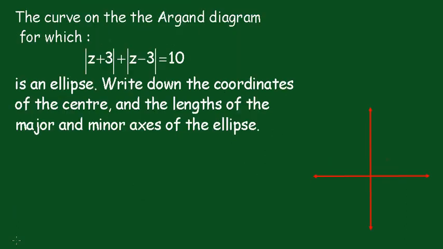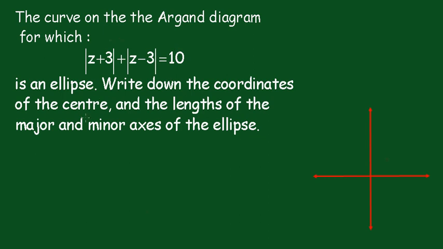Now, I think you can see in this that the second method, the geometrical method, is far superior to the algebraic approach. But you've got to know a little bit about conics. What it's saying here is that the distance from minus 3 plus the distance from 3 is equal to 10. So it's constantly equal to 10. This is the property of the ellipse.